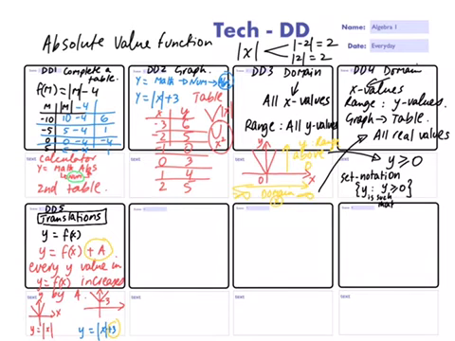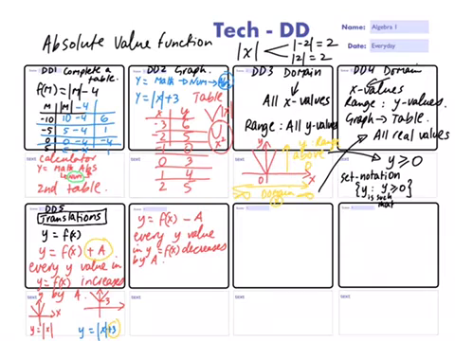Now similarly, if you were to do y is equal to f(x), now that plus can also be minus. So if it were minus, then every y value in y is equal to f(x) decreases by a.